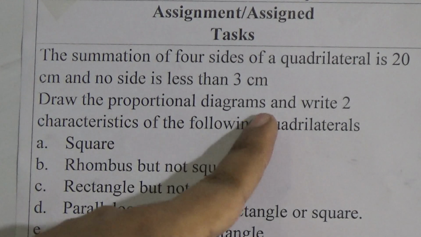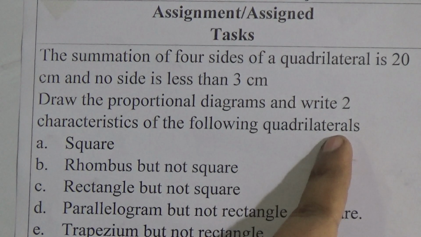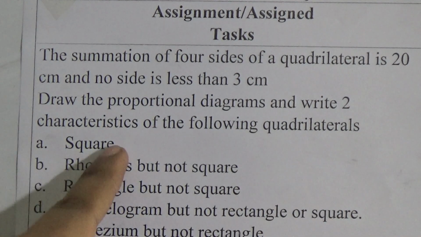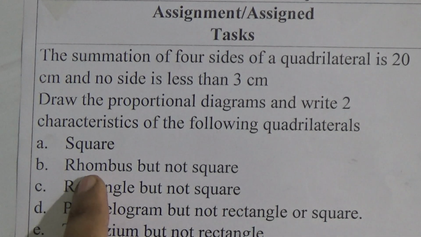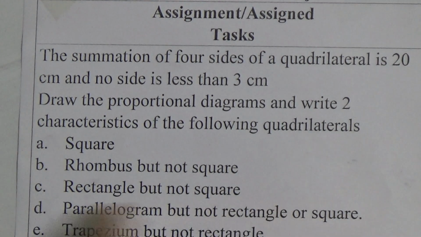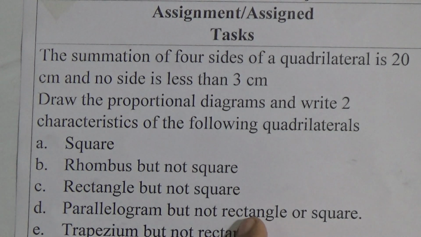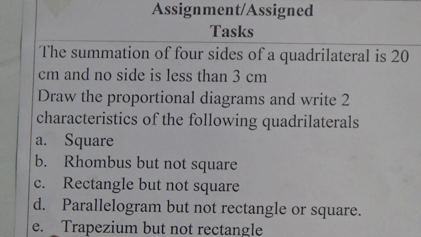Draw the proportional diagram and write 2 characteristics of the following quadrilaterals: A, square; B, rhombus but not square; C, rectangle but not square; D, parallelogram but not rectangle or square; E, trapezium but not rectangle.